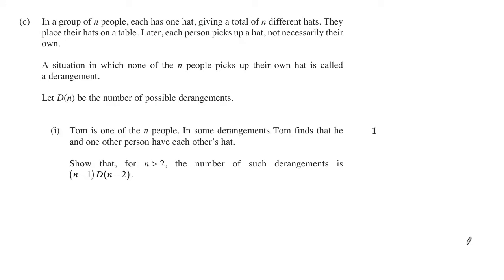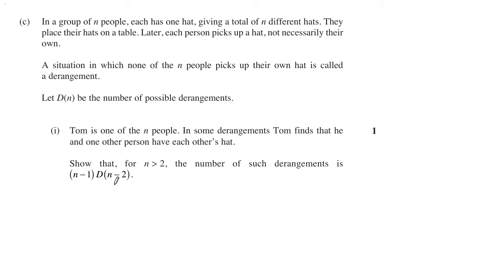Question 16C, part I. This one's quite easy to do, just working backwards from the answer that we want. So we've got this n-1, and we've got a d of n-2. So that would be the number of derangements with n-2 people. So we've got to figure out how that works with this.